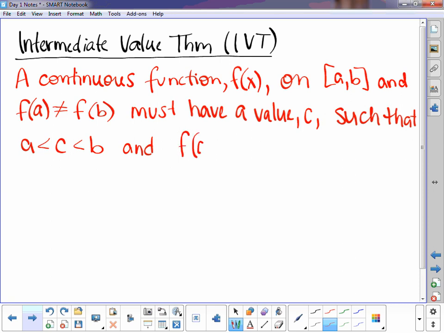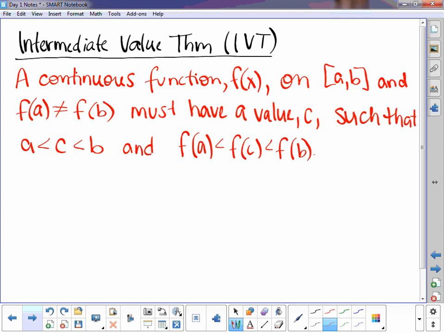So f of a is less than f of c, which is less than f of b. So a continuous function on the closed interval where the endpoint heights are different must have some value in the interval where its y value is contained between the endpoint y values.